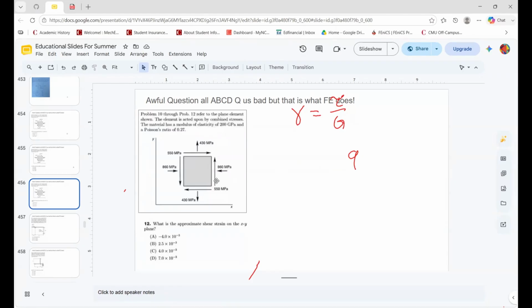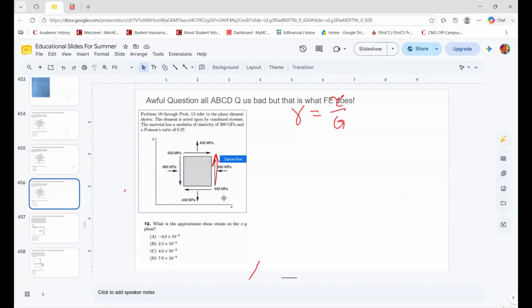What did I do wrong? Oh, it's gigapascals, right? On the bottom. So you have to do 850 times 10 to the 6, divided by whatever was on the bottom earlier, which is 80 multiplied by 10 to the 9. Let me erase that first. I get something like, hmm, that's, oh, this is 5.